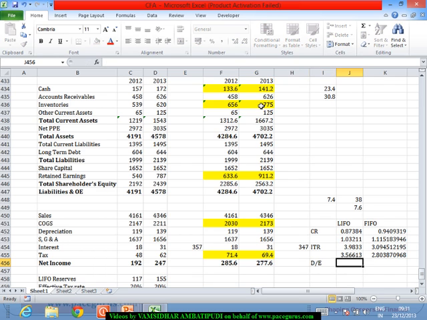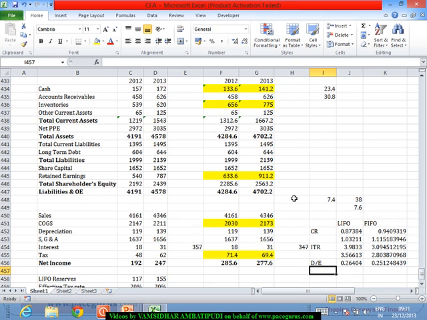Similarly, look at the debt to equity ratio. In case of LIFO, even if I look at the latest one, debt is not changing in both, but the equity is changing because of the change in the retained earnings. So the debt to equity ratio in case of LIFO is 0.26, whereas in case of the FIFO method, the debt is not changing, but the equity has gone up, which is resulting in a fall in the debt to equity.